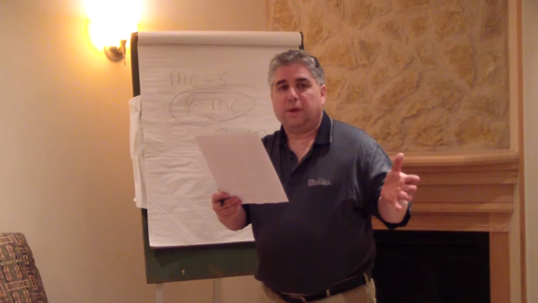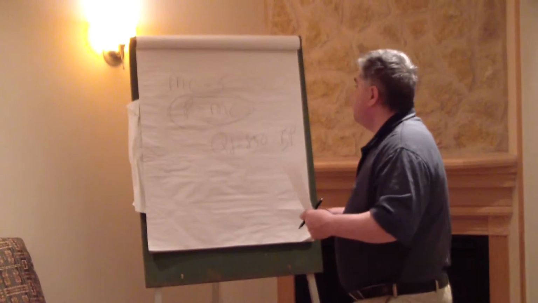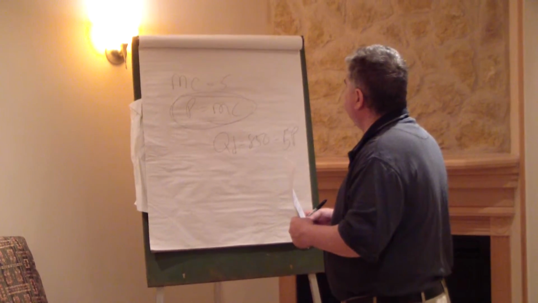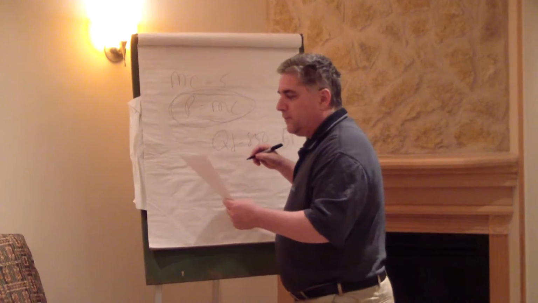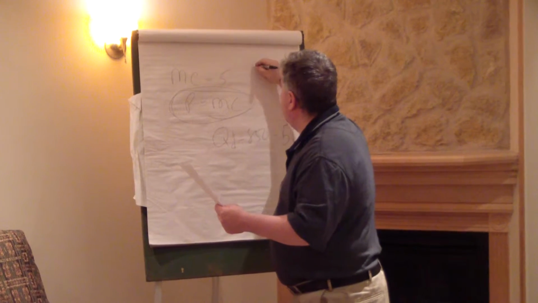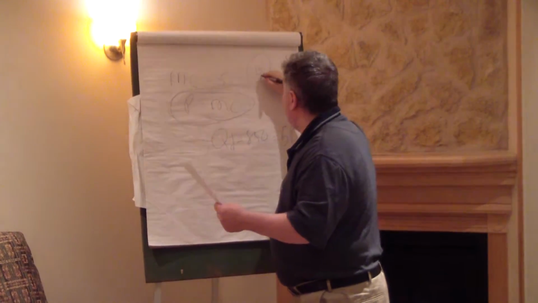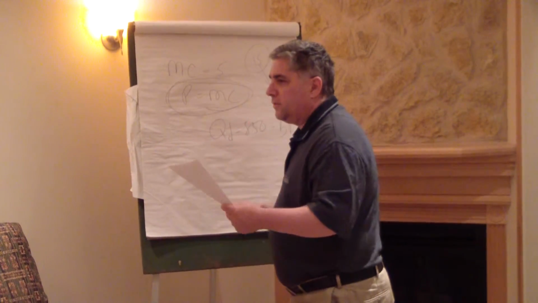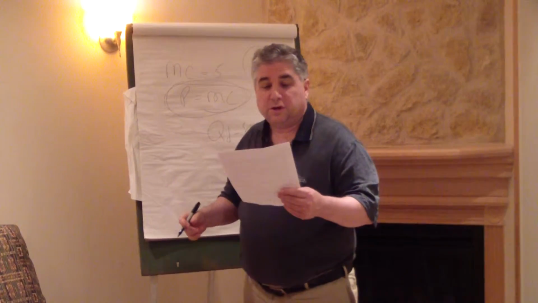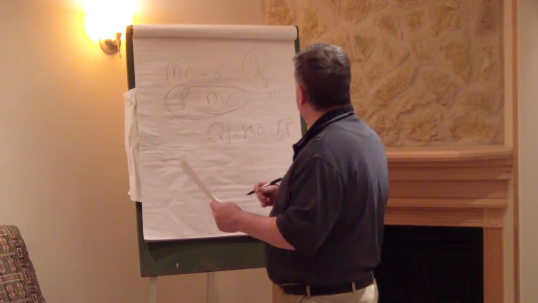How many boats will there be? We can fit 15 passengers on a boat, and each boat can run 10 trips. It's plug and chug math. That's all it is.